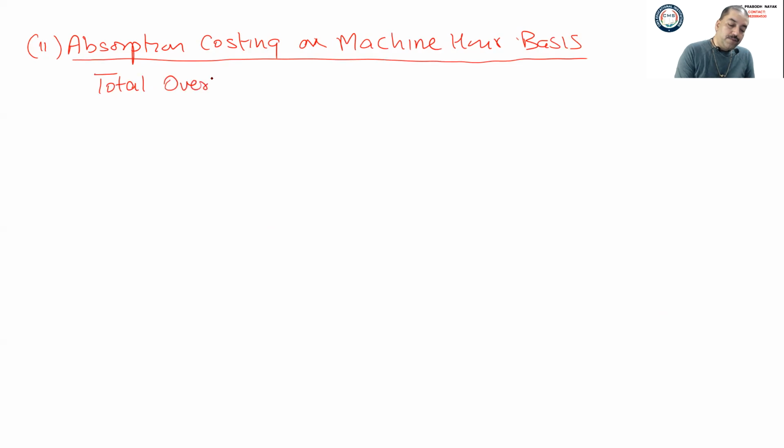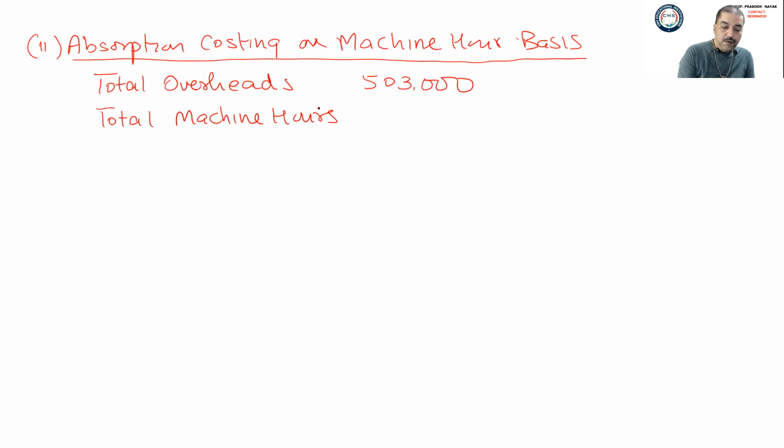Total overheads you have just calculated, that is the total of the cost pool, 5 lakh 3,000. Total machine hours given to us in the problem is 50,000.